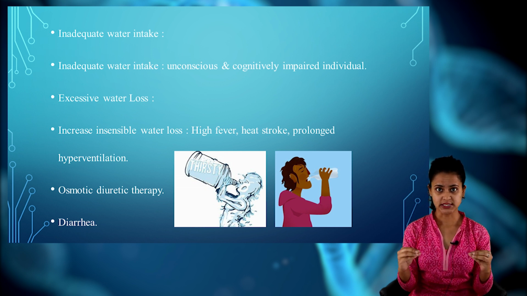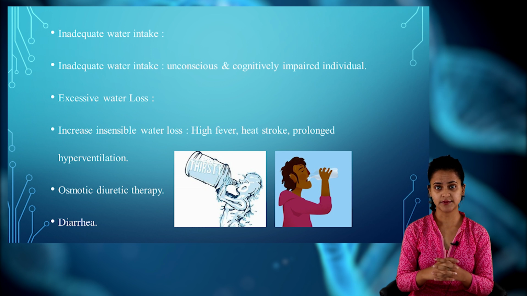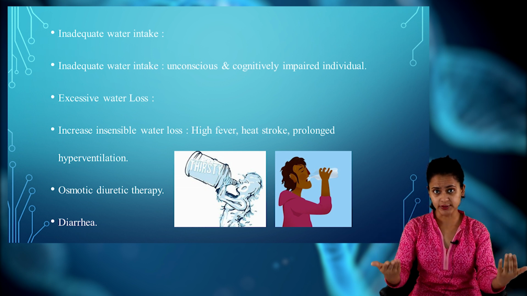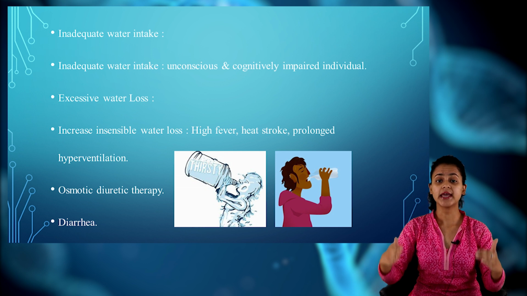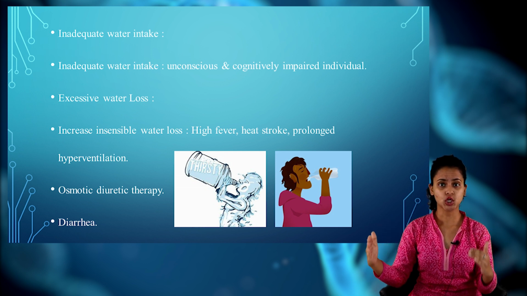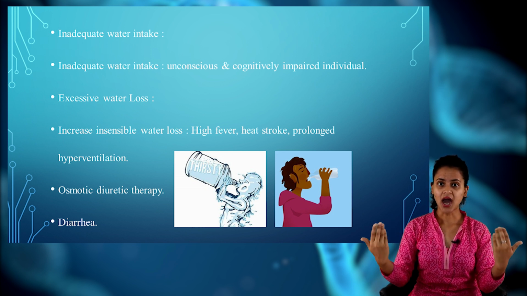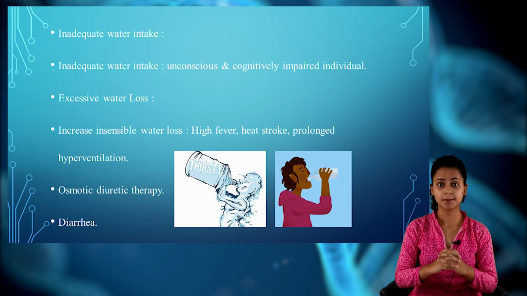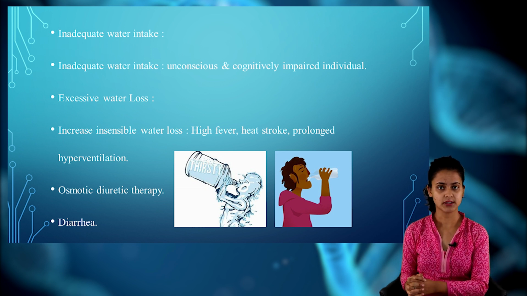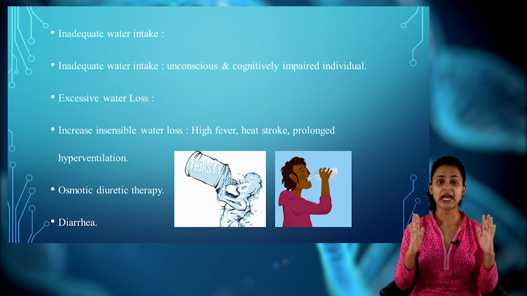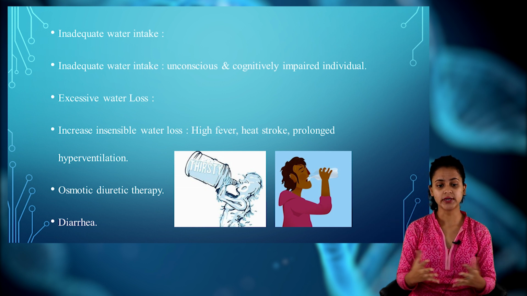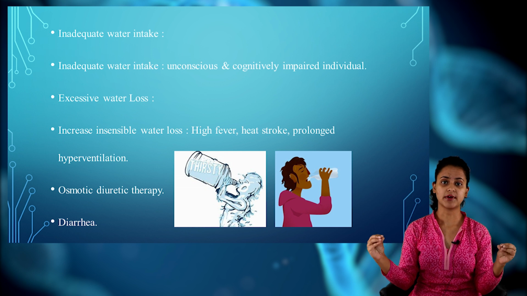If excessive water loss is present for a particular individual, we often see the client develop hypernatremia. Excessive water loss can occur because of increased insensible water loss, in cases of high fever, heat stroke, or even prolonged hyperventilation.